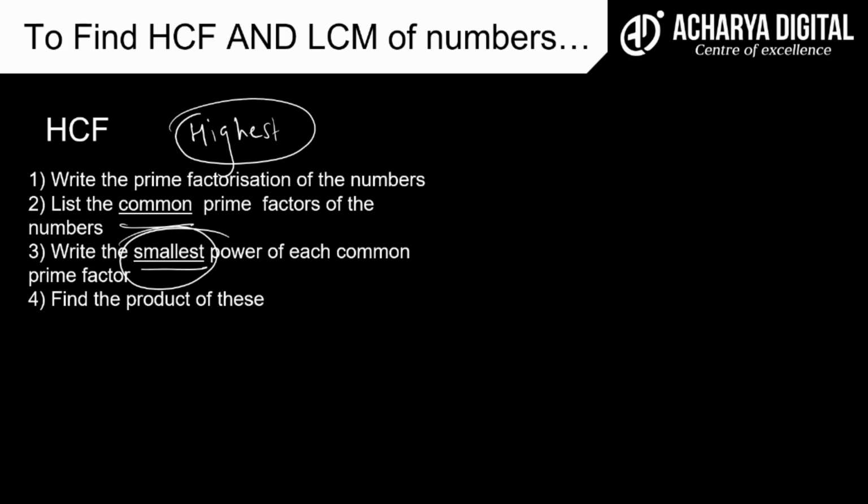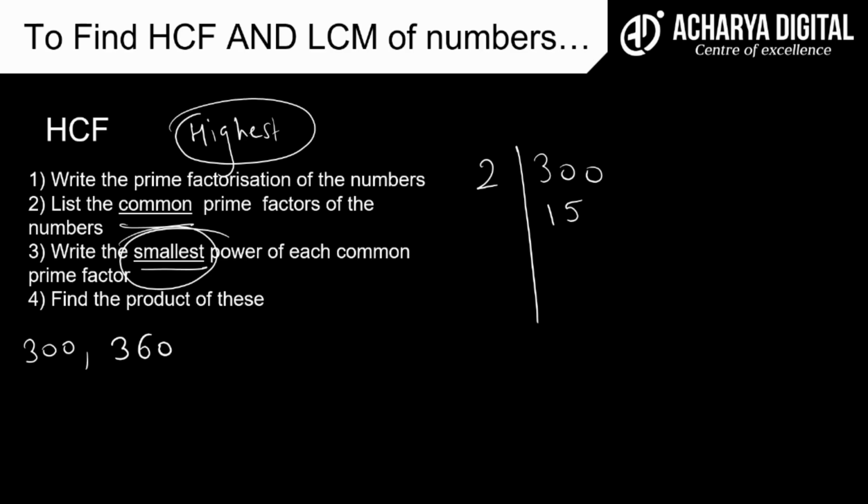Let us take an example. Suppose I have numbers like 300 and let us take 360. So if I prime factorize 300, what will I get? Always start in a sequence. It means you can take the first prime number. Let us check, is it divisible by 2? If not, then go for 3. If not, then go for 5, so that you can get the prime factors in order.